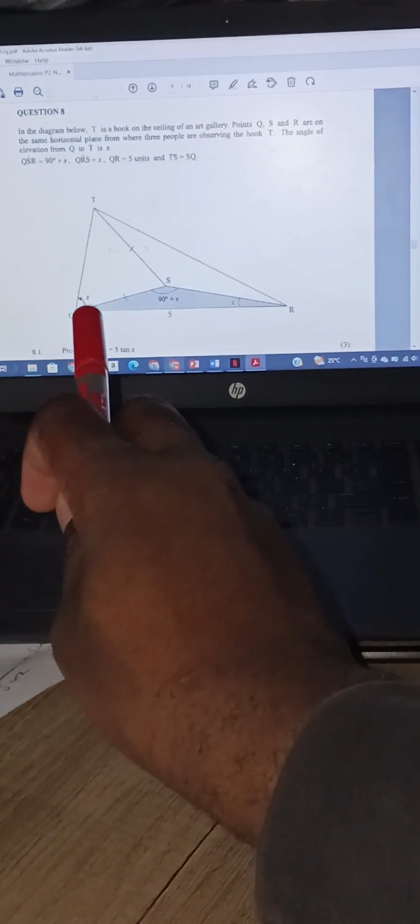Now QRS is also what? X. But then the length QR is 5 units. And we have TS, which is equal to TQ.